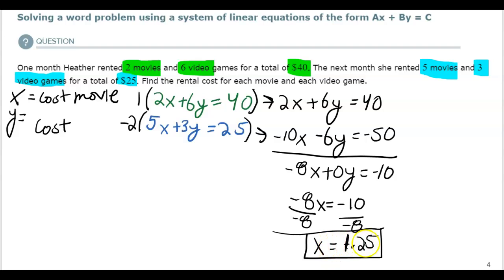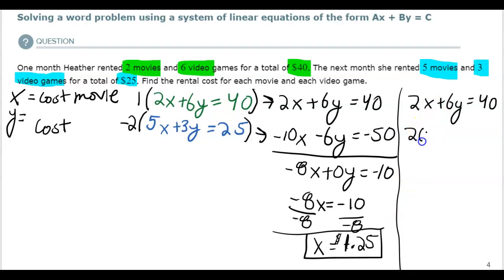So my movies cost $1.25. However, I'm not done because I still need video games. So I can go ahead and plug my X value of 1.25 in.